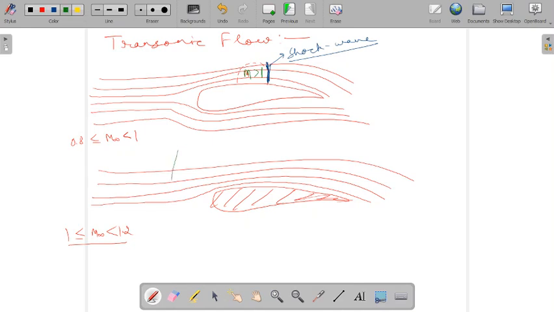One shock wave I will have somewhere over here, which is called the bow shock wave, and one shock wave I will find at the trailing edge of the airfoil, which is called the trailing edge shock wave.